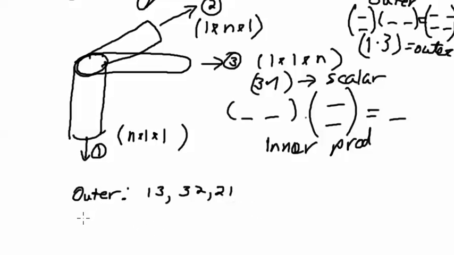And the inner products will be just the opposite, basically: 3, 1, 2, 3, and 1, 2.